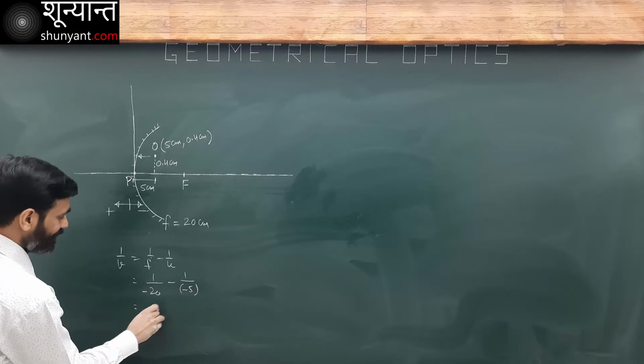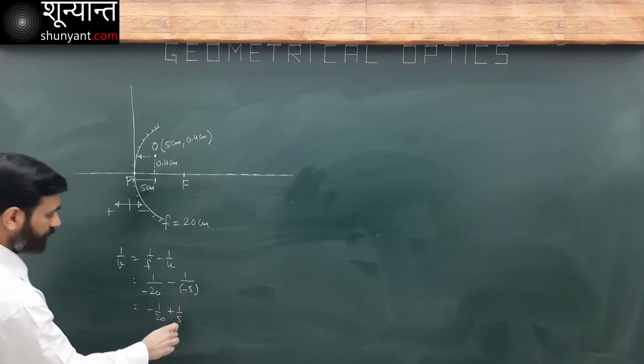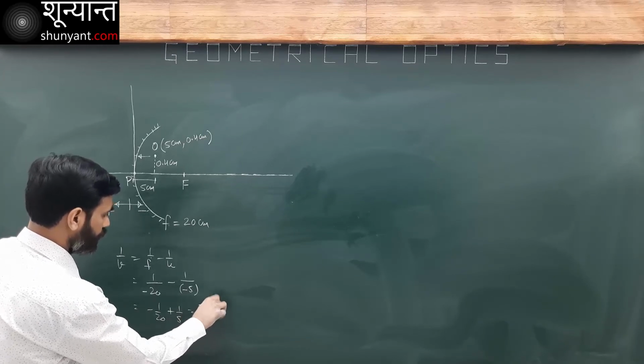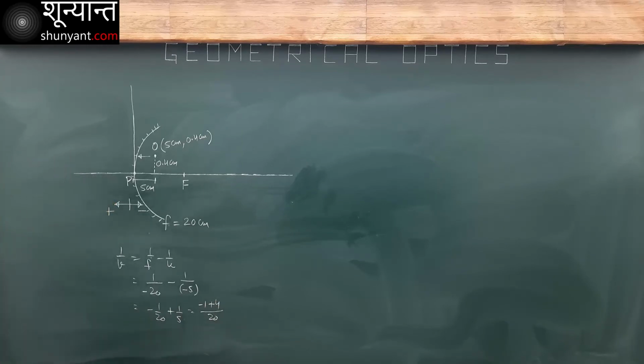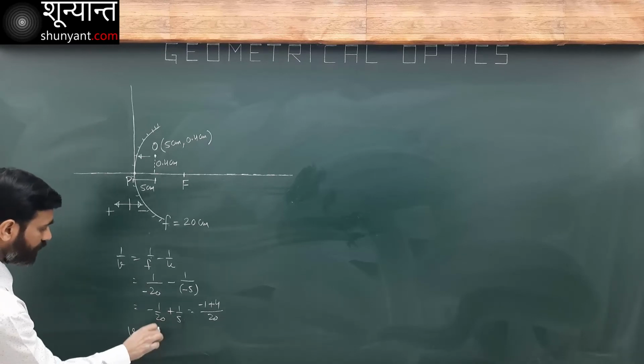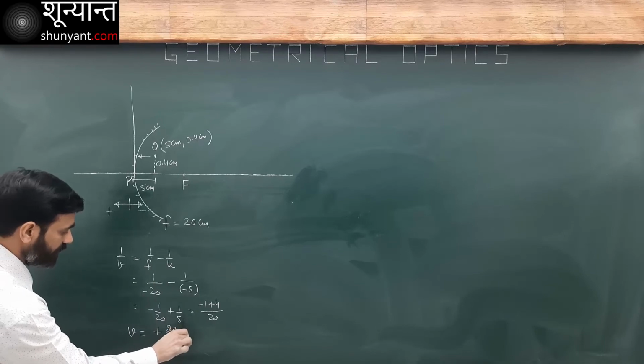This is minus 1 over 20 plus 1 over 5, which is minus 1 plus 4 over 20. Am I doing it all right? So what is v? It is equal to plus 20 over 3 centimeter.